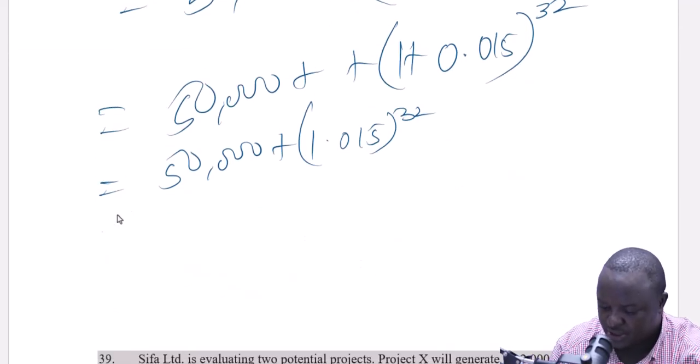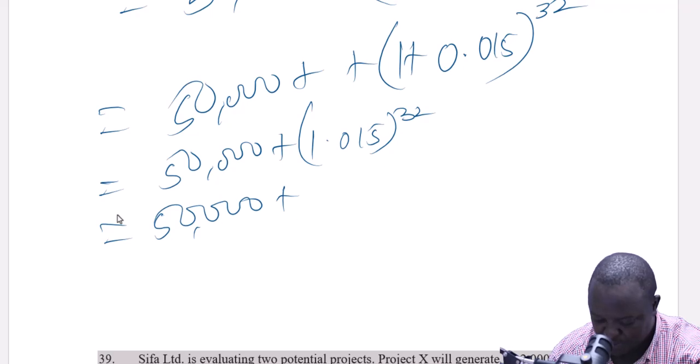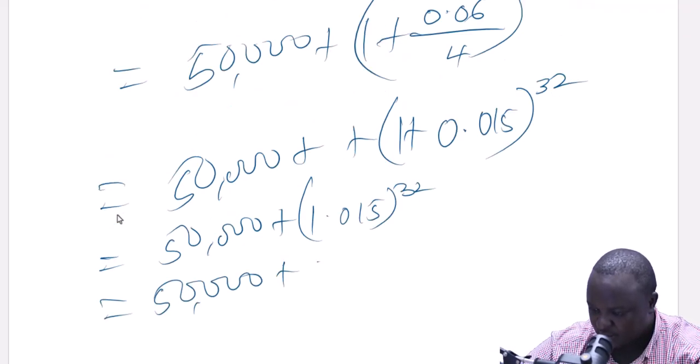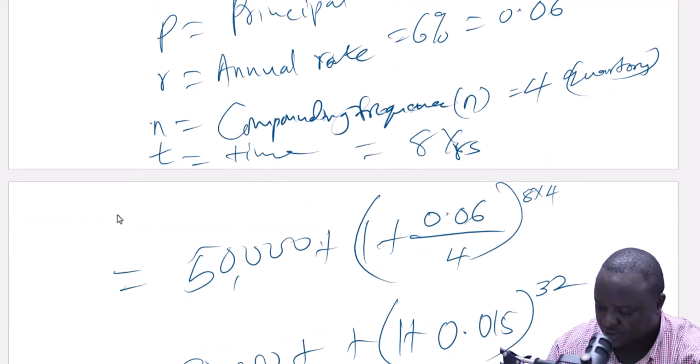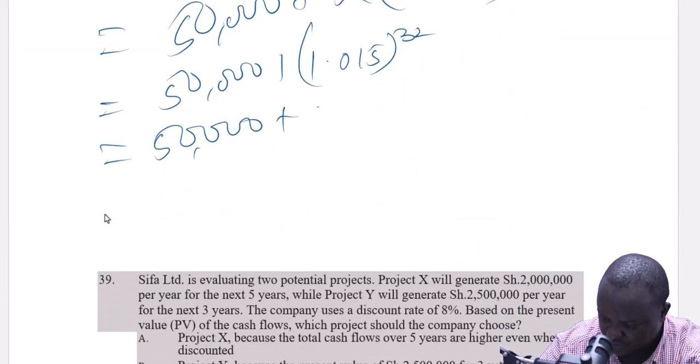If you compute 1.015 raised to power 32, you get... Correction, this is times, not plus. This should be times. Point of correction.